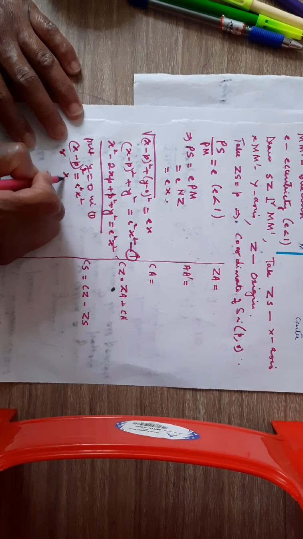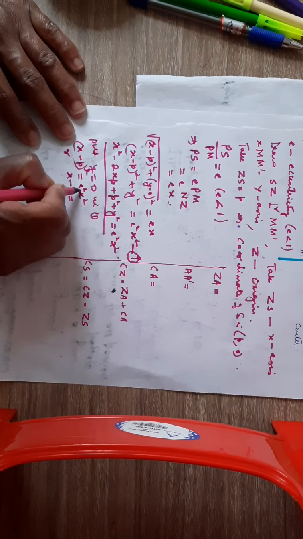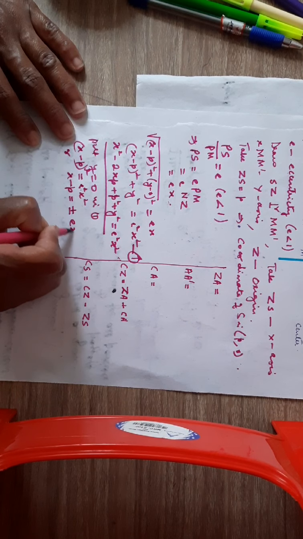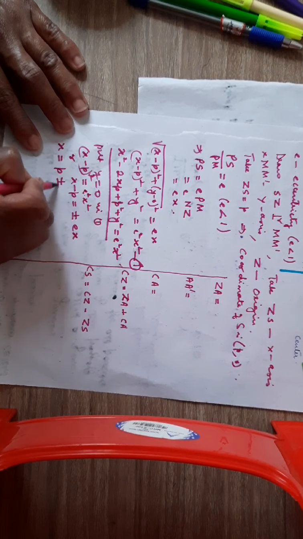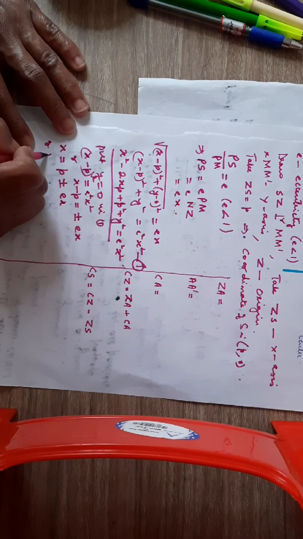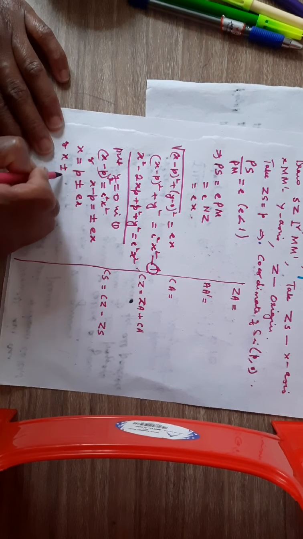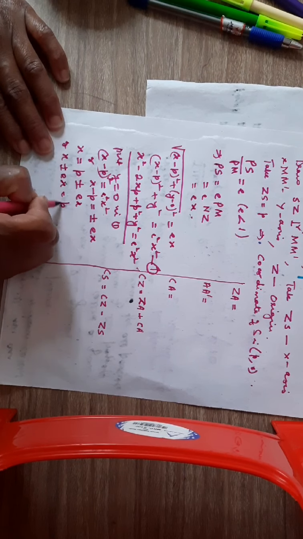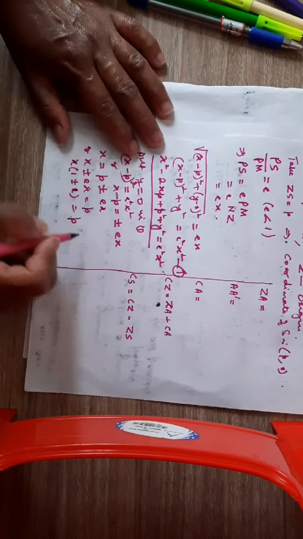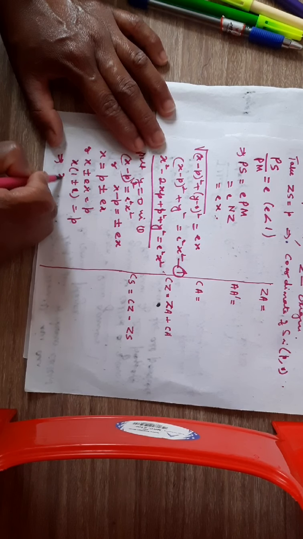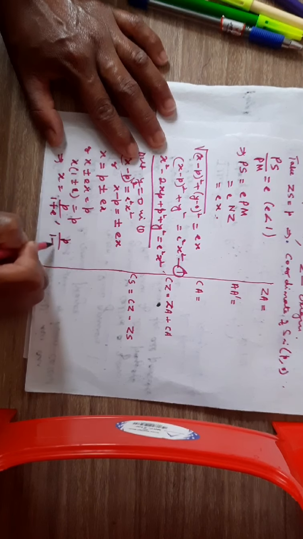Taking the square root, x minus p is equal to plus or minus ex. So you'll get x is equal to p plus or minus ex, or transferring to this side, x plus or minus ex is equal to p, or x into (1 plus or minus e) is equal to p, and this implies that x is equal to p by (1 plus e), another one is p by (1 minus e).